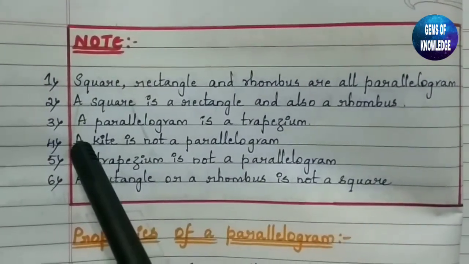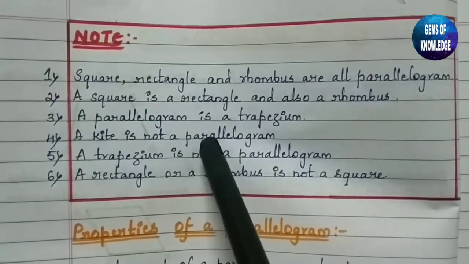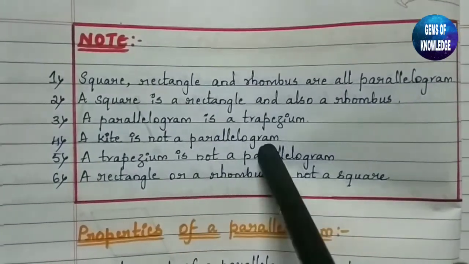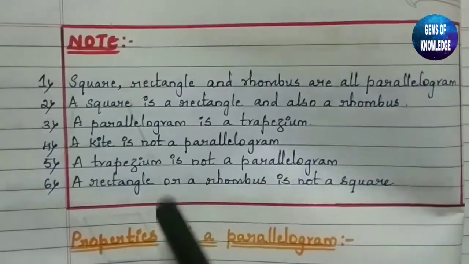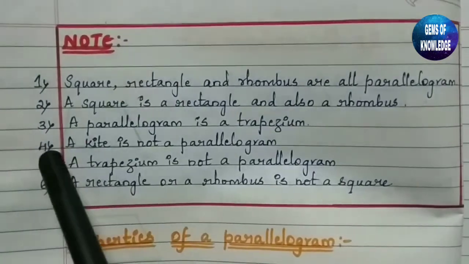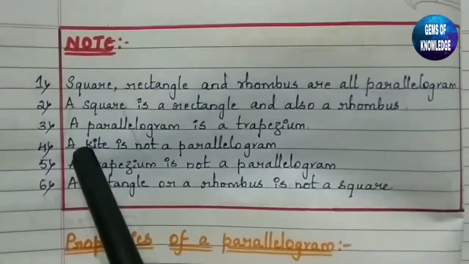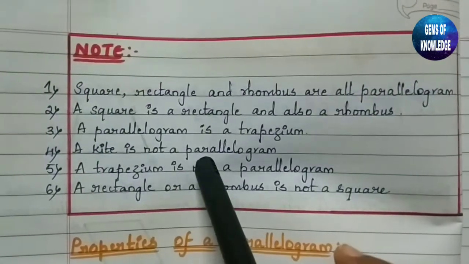Okay, then a kite is not a parallelogram. The kite is not a parallelogram because parallelogram means opposite sides will be equal, whereas in kite the adjacent sides will be equal. Okay, so we can say that kite is not a parallelogram.